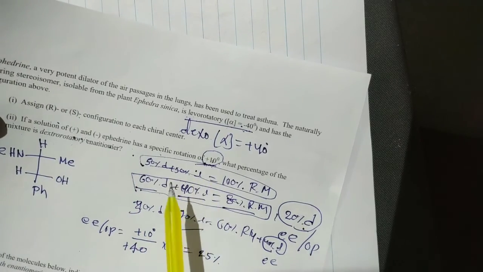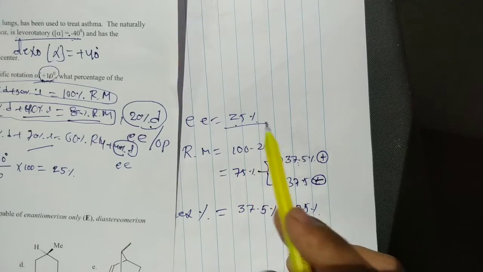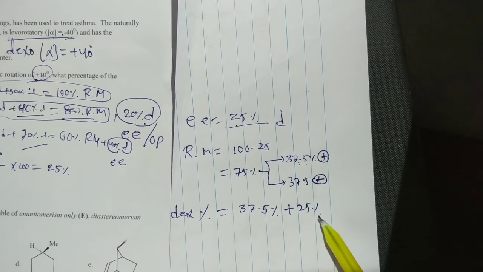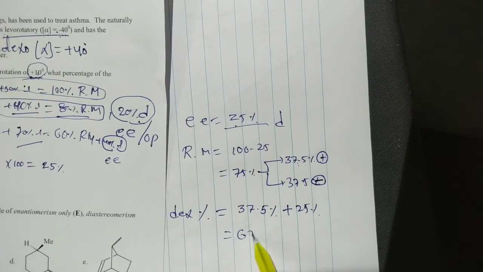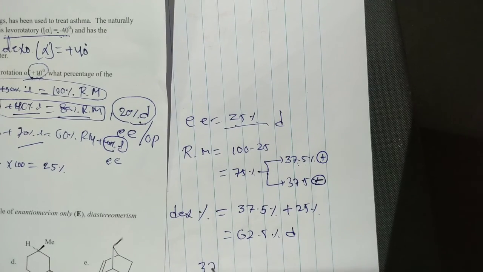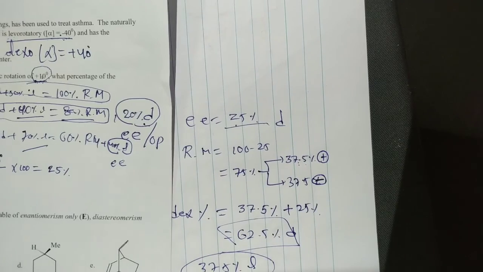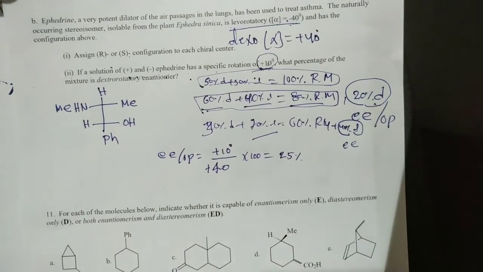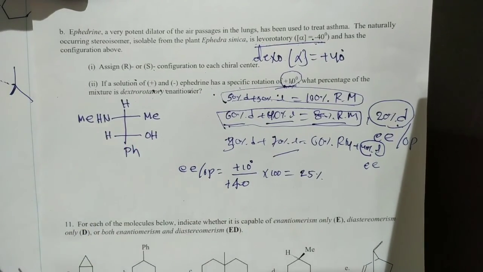That means the mixture has 25 percent extra dextro isomer. So in total it is 62.5 percent dextro isomer and the remaining 37.5 percent levo isomer. That's it. Of course, we can write the RS configuration for this one.